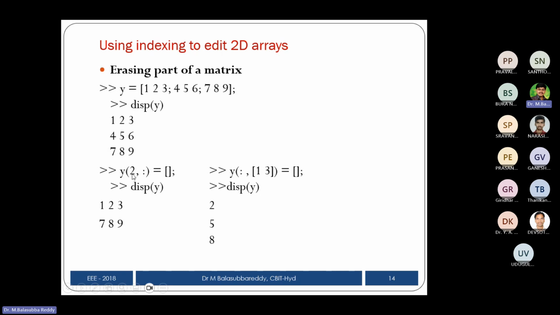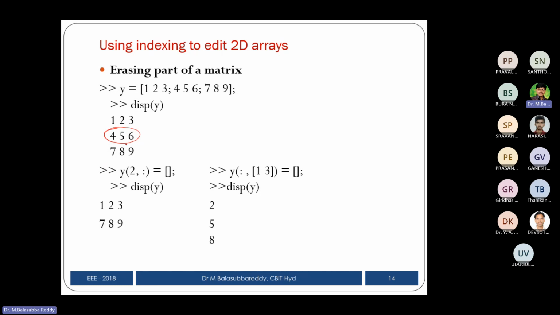Then what I did here is y of 2 comma colon. What does that mean? The second row of all columns is null. You make it null. The second row of all columns. So the second row, you can see, this one is your second row. You make it null.